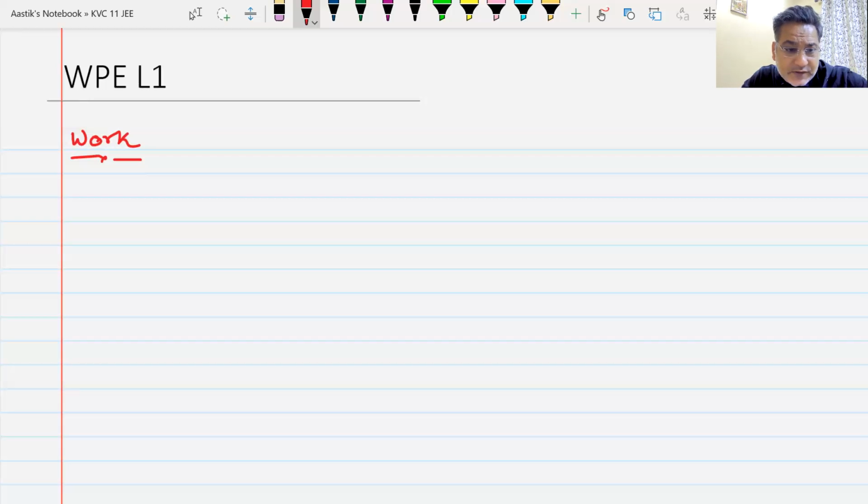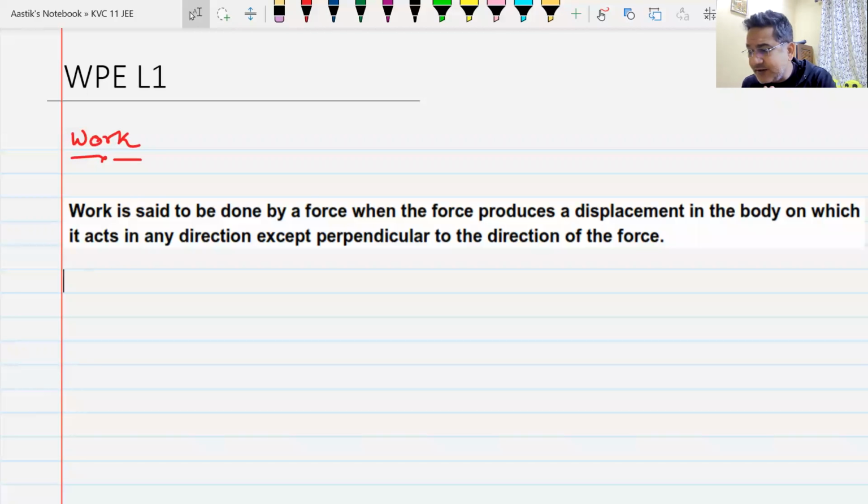Whenever you apply a force and you produce a displacement of the body, it also depends on in which direction that displacement is produced. So, to say it correctly, work is said to be done in physics by a force when the force produces a displacement in the body.